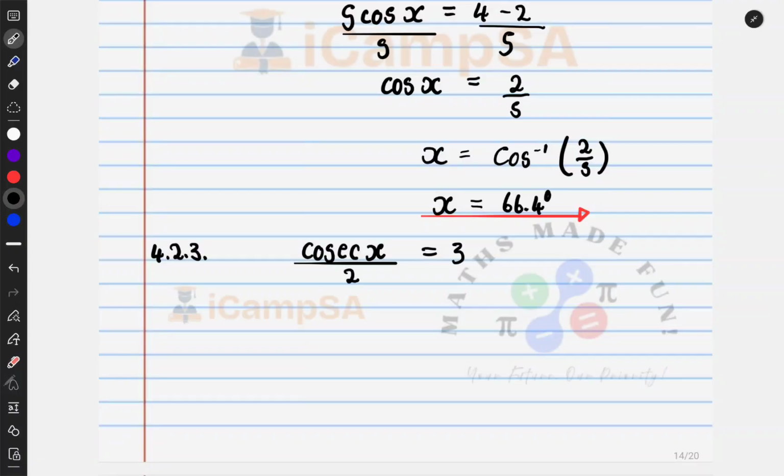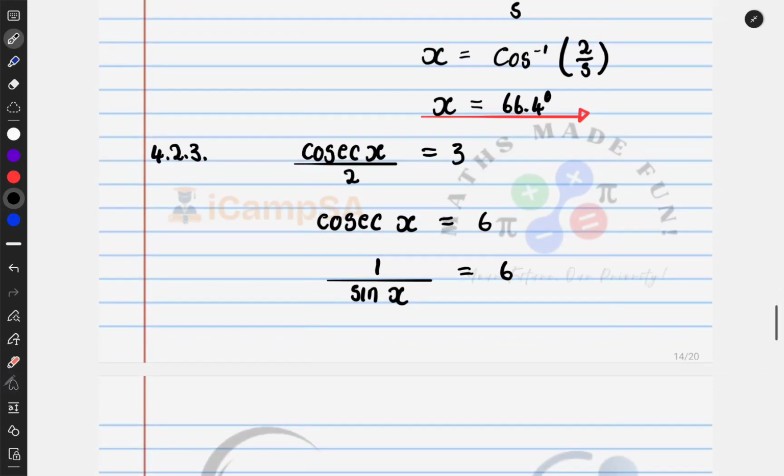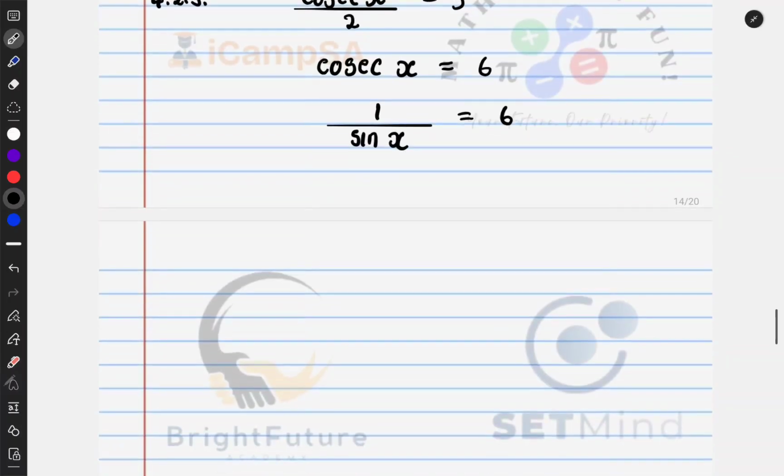First thing first, let's remove the 2 in the denominator by applying cross multiplication. We will be left with cosec x is equal to 6, and we know that cosec x is the reciprocal of sin x, so we can say 1 over sin x is equal to 6. Let's make sin x the subject by using cross multiplication.